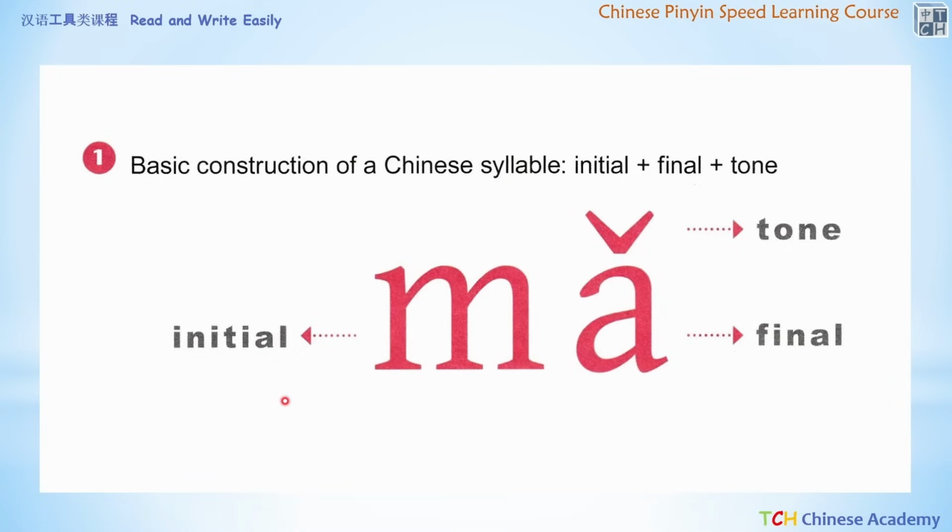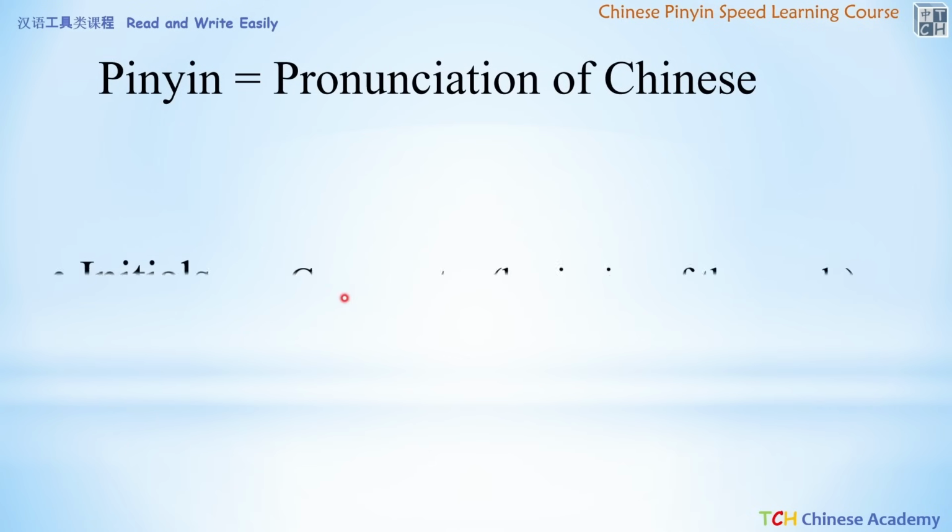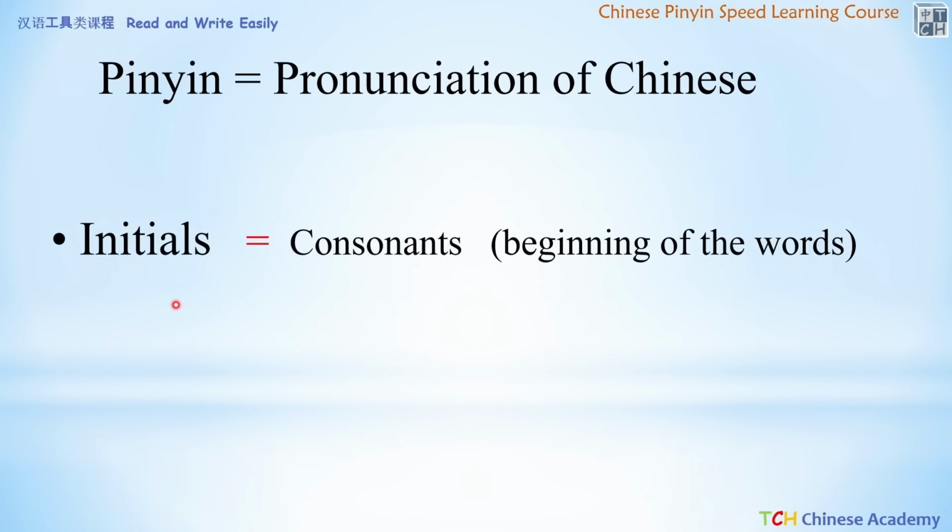Then how many initials and how many finals and how many tones? And what are they? We can say initials are very much like the consonants in English. The only difference is that they are always at the beginning of the words. That's why they are called initials.